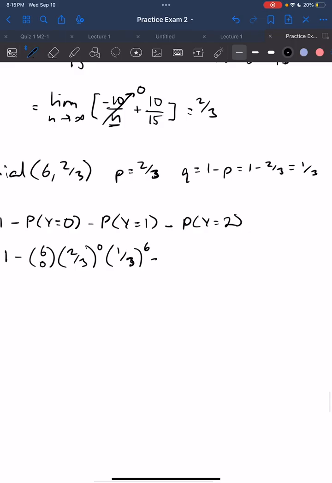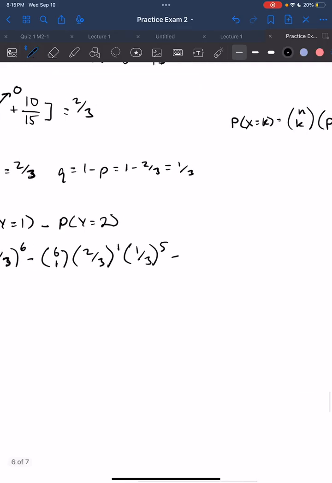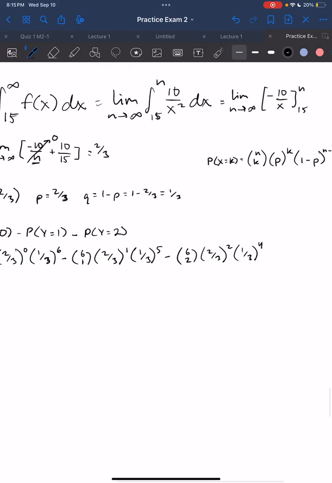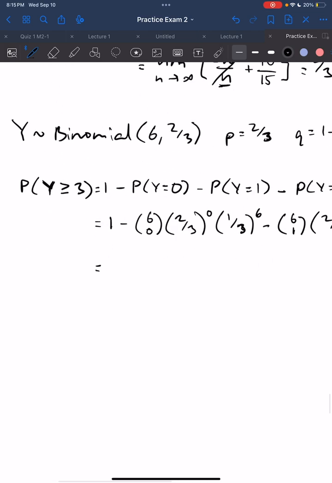Okay, and then for 1, we have 6 choose 1. The probability of success is 2/3 again, so we have 1 success, and then we have 5 failures. And then our last one is 2 successes, so 6 choose 2. The probability of success is 2/3, and the probability of failure is 1/3, so that would be to the power of 4, because 4 failures. Okay, and then we just need to solve for all of this.